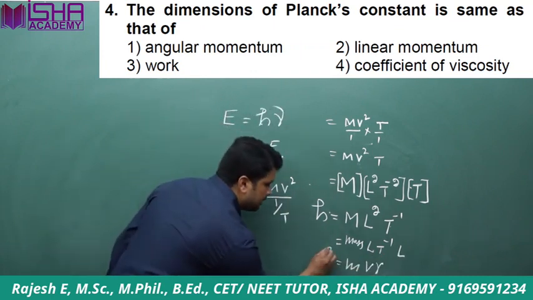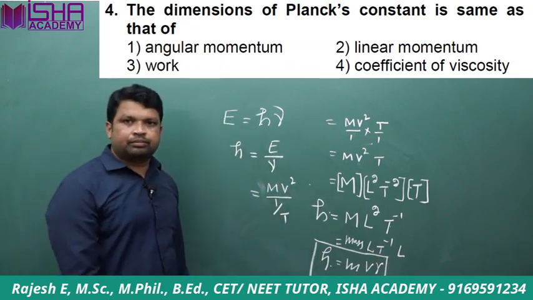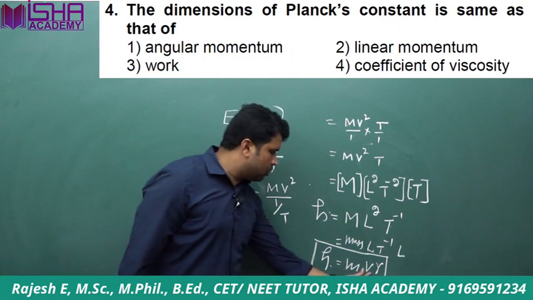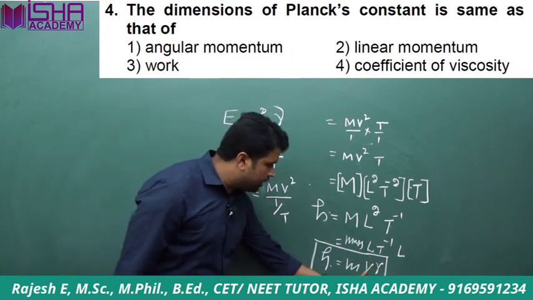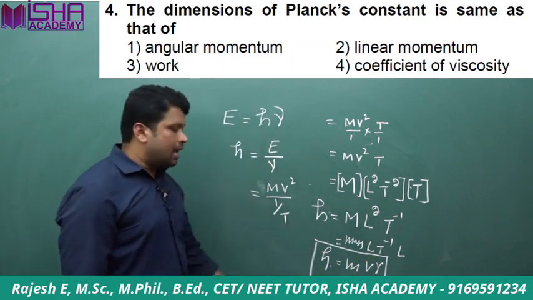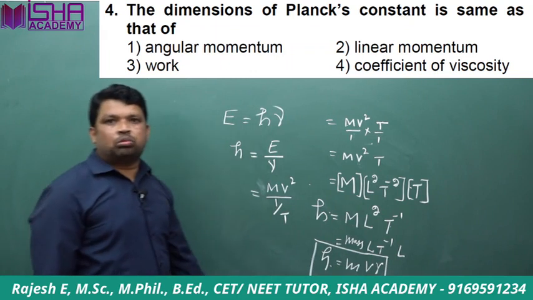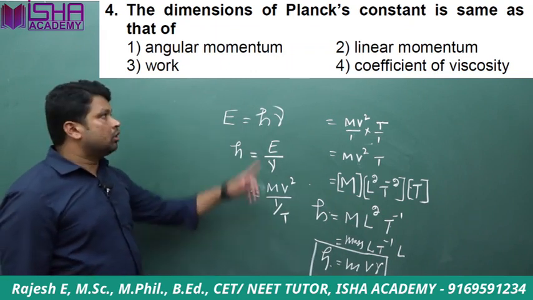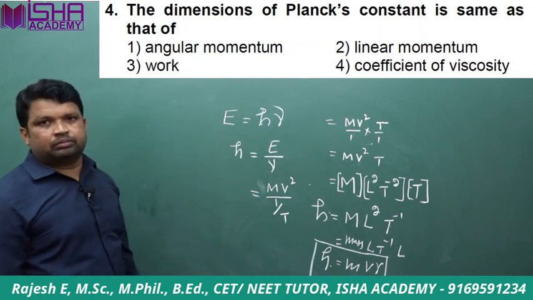So h is equal to m v r. And h equal to mvr is angular momentum. In option C, the answer is angular momentum.